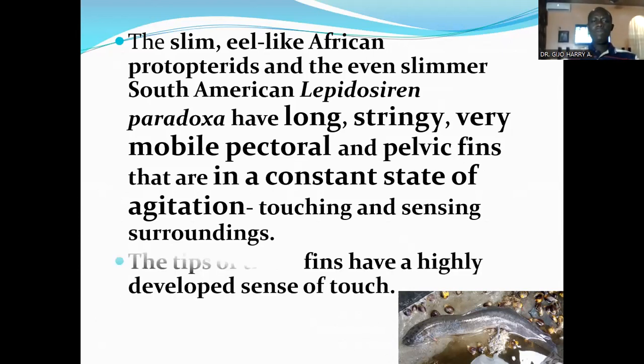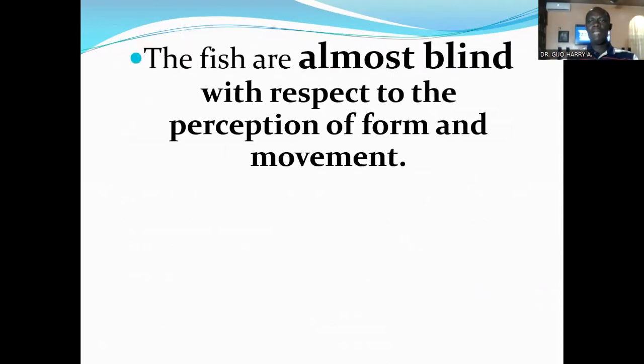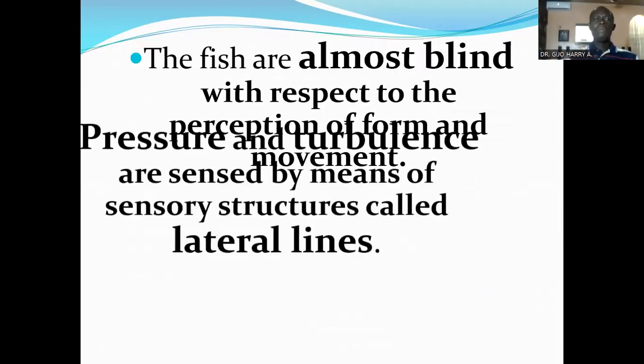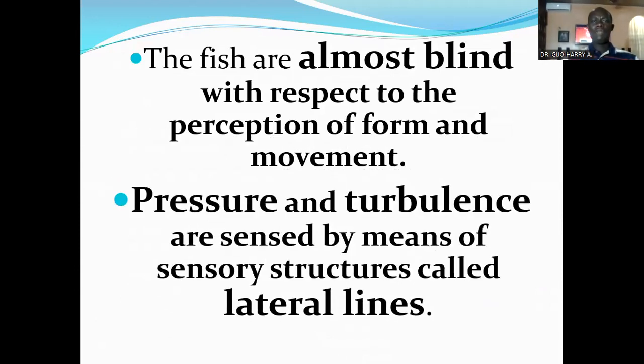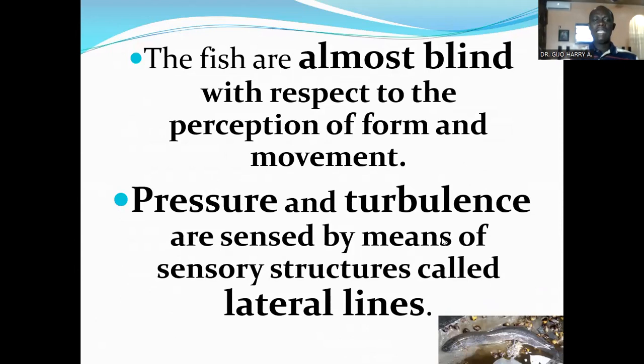The tips of the pectoral and pelvic fins have a highly developed sense of touch. The fish are almost blind with respect to perception of form and movement. Pressure and turbulence are sensed by means of sensory structures called the lateral lines.